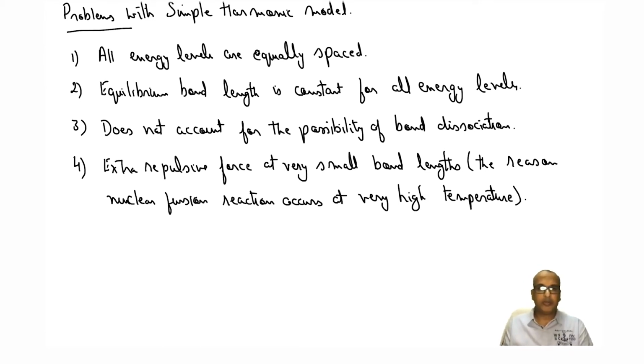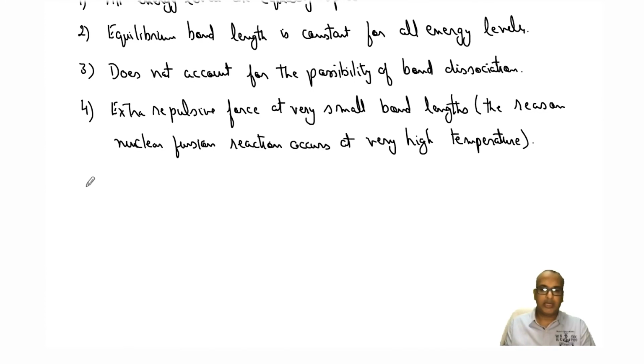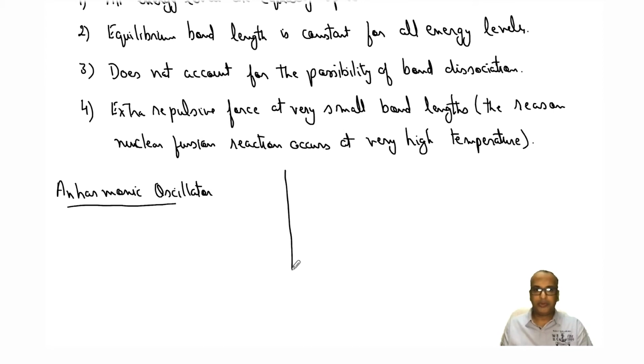Now the modification of this model is called the anharmonic oscillator, which takes into account all the problems described above. How does it look? It goes vertical, and then you come down, and then you go here.